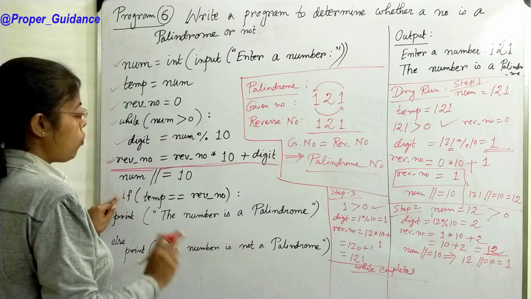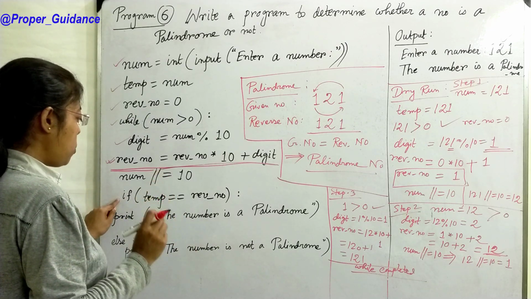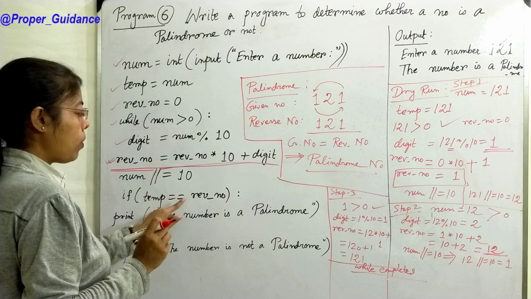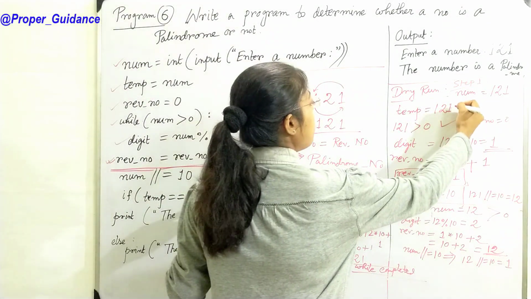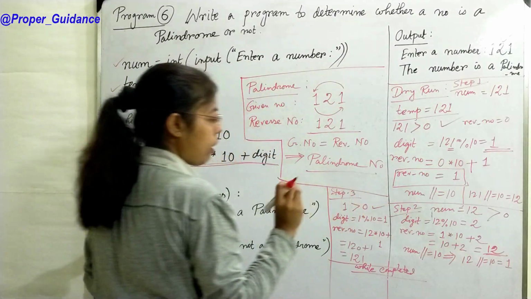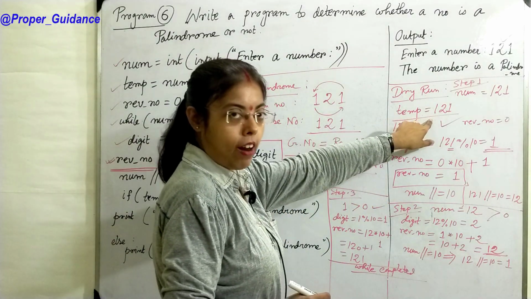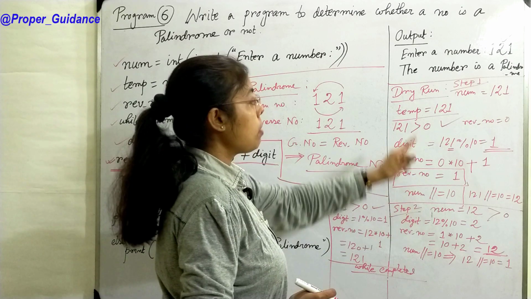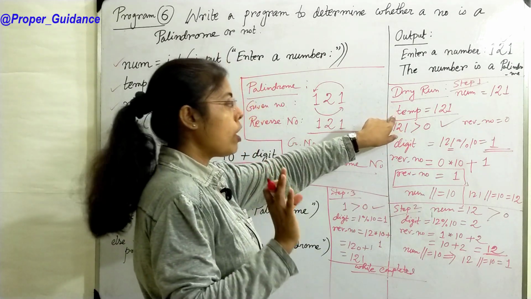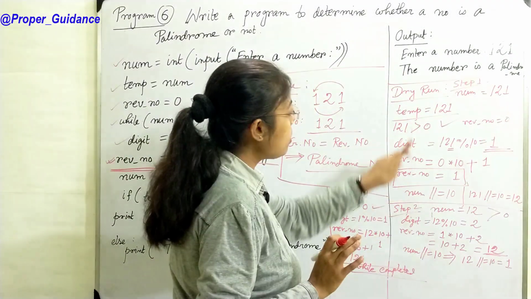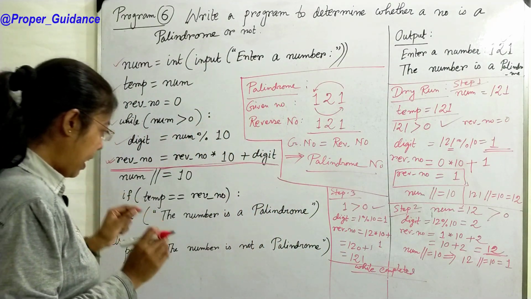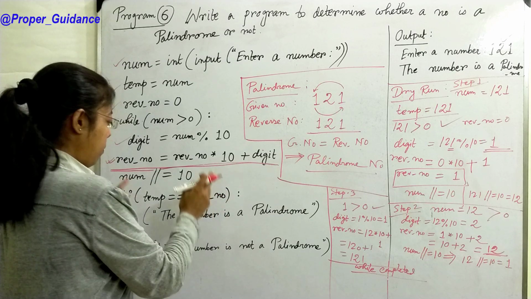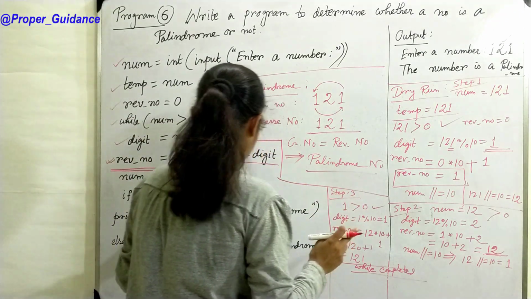Now the if statement will be executed: temp equals rev number. What is the temp value? Temp value is 121, and we never changed this value, right? In the entire section, all the steps, temp equals 121. There is no change in the temp value. So now the if statement will execute this part, temp equals rev number.